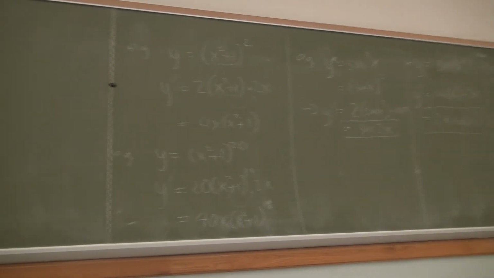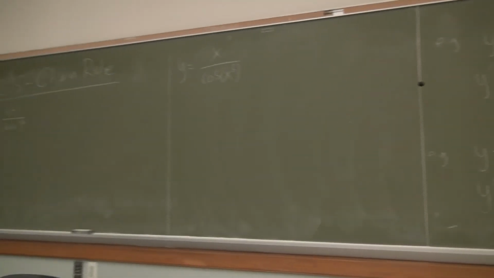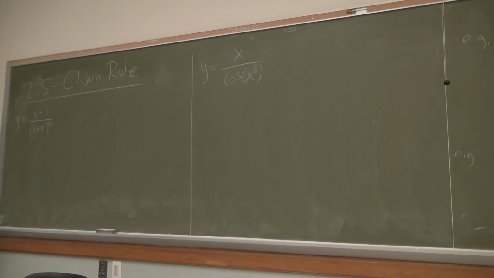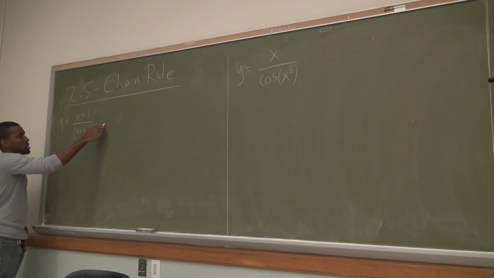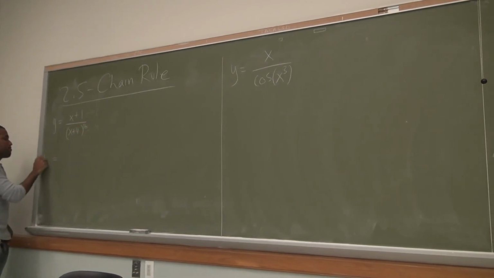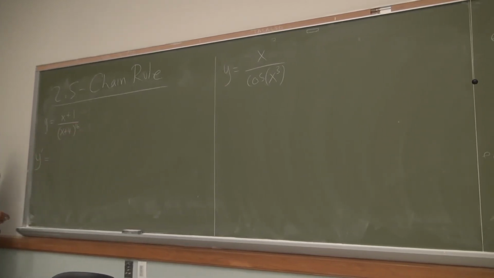Okay, how about this one? Quotient time. So it's like the quotient rule. I have one function divided by another. This is my f over g. So what's the derivative?